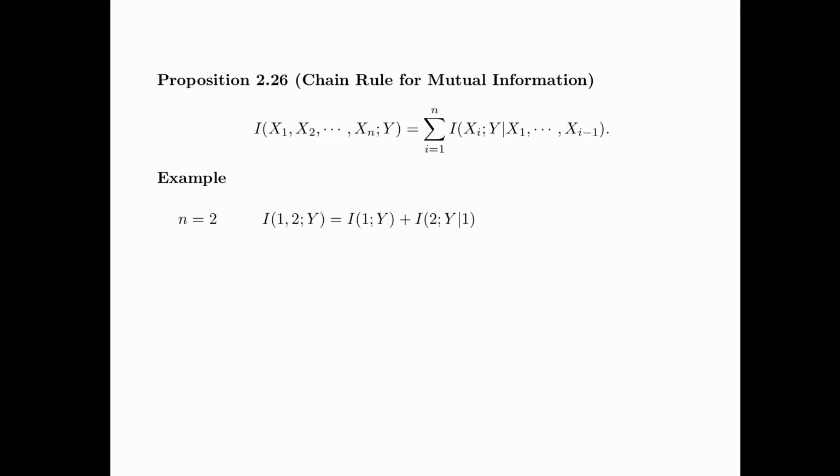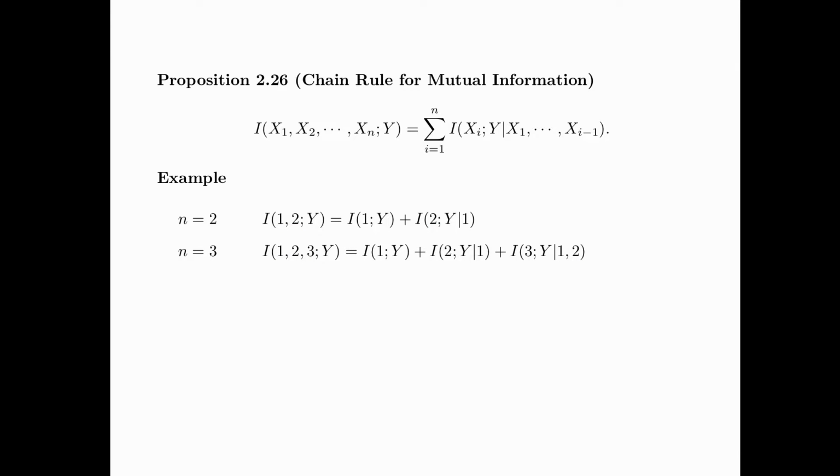As an illustration, we look at some examples. For n equals 2, the chain rule says that the mutual information between X1, X2, and Y is equal to the mutual information between X1 and Y plus the mutual information between X2 and Y given X1.